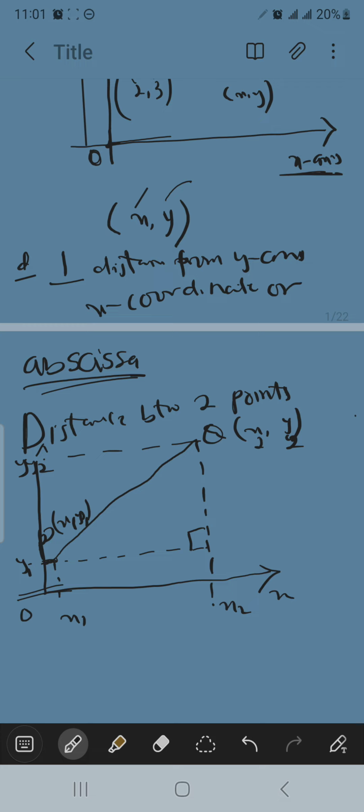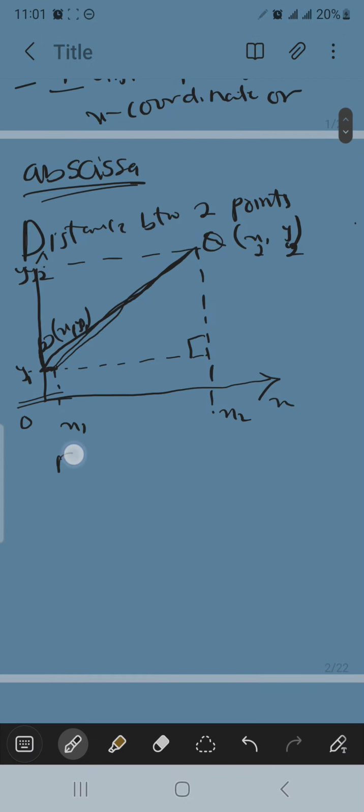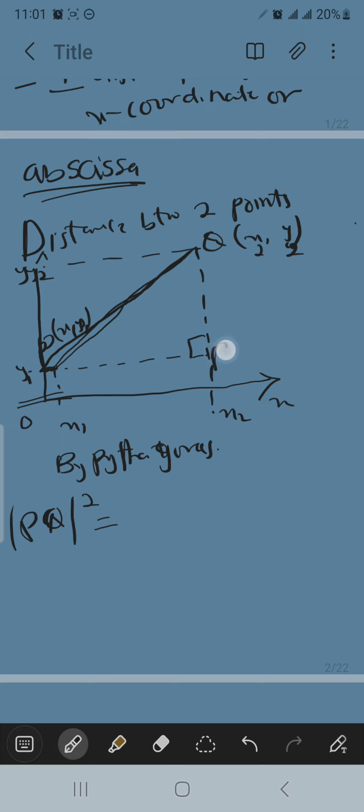Now, if I want to know the distance between this point, point PQ, if I were to use Pythagoras theorem to solve this, we have PQ square equal to, okay, let's say this is R, PR square plus QR square. Here, the difference between this one and this one is going to be x2 minus x1.